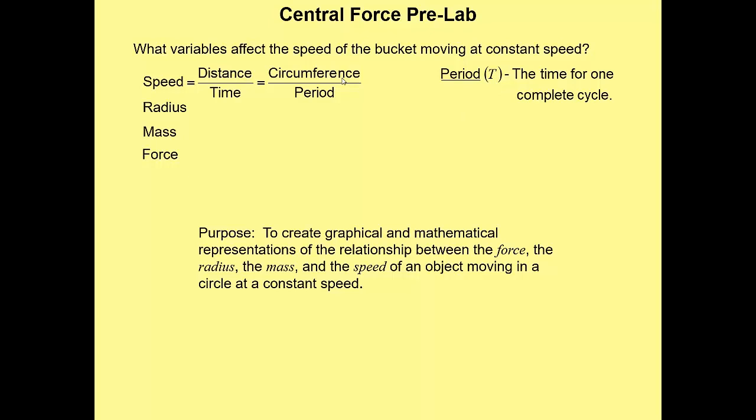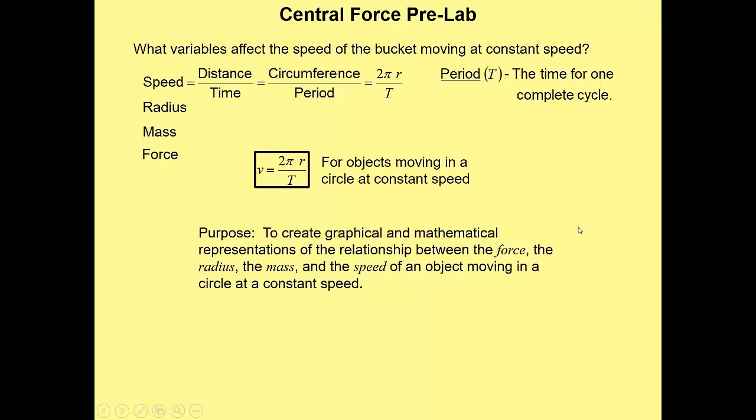Now, if you remember, of course, from the very, very beginning of this year, we figured out an equation for the circumference of a circle. It's 2 pi r, right? Or pi times the diameter, right? But 2 pi times the radius divided by the period.